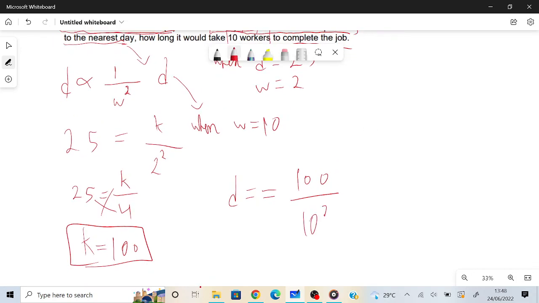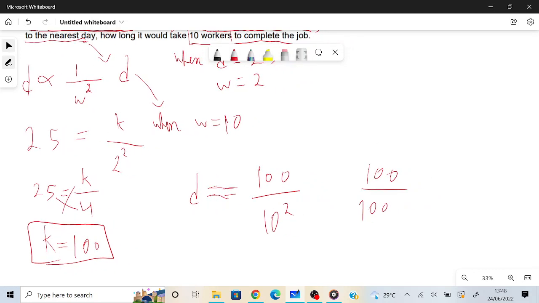That's 10 squared, which is 100 over 100, because 10 squared is 10 times 10, and this is equal to 1. So when W is 10, your D is simply 1.